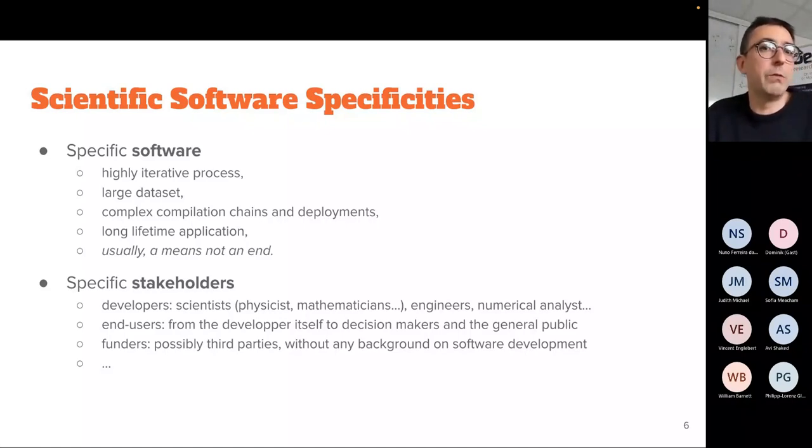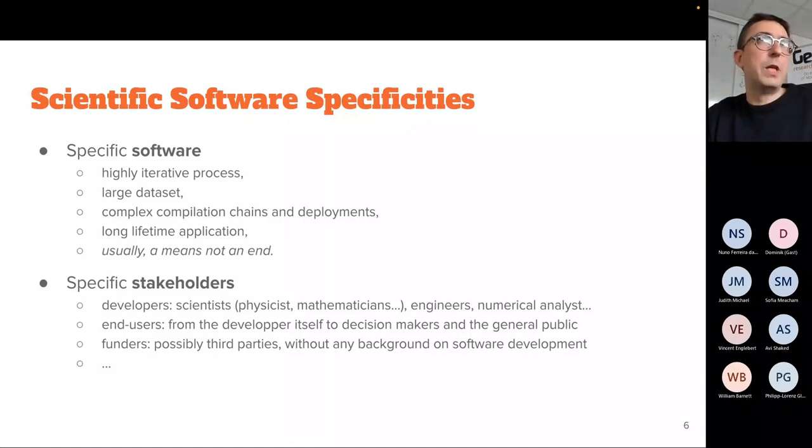So we are processing very large data sets as input. Most of the time there is a complex compilation chain and deployment. It's not only running on our laptop, but it's compiled for very specific hardware. And then we need to deploy on those specific hardware, which are most of the time computers that are not easy to access.